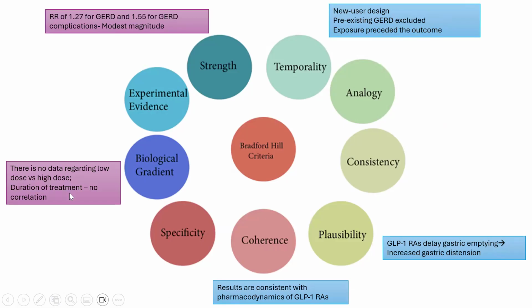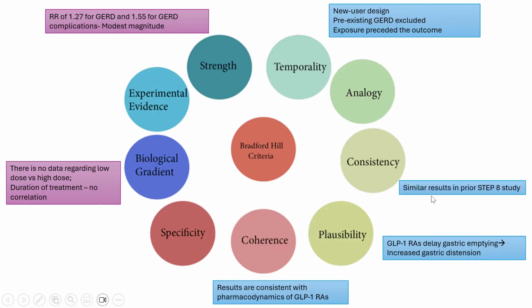Here the biological gradient is weak in the study because there is no data regarding whether they used a low dose or a high dose GLP-1 receptor agonist. And the duration of treatment did not show any correlation with the primary outcome either. So the biological gradient would be poor.